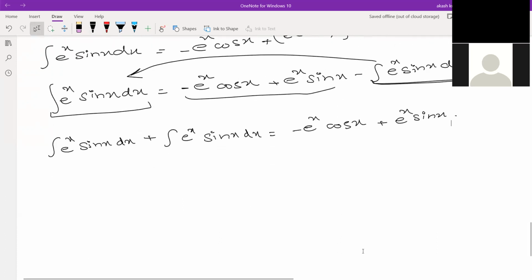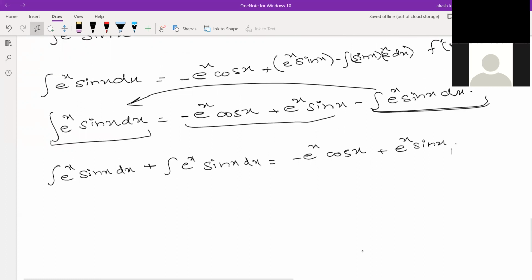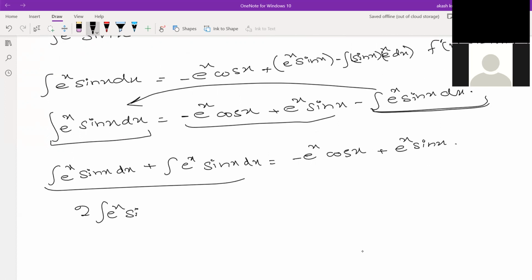And then this becomes 2 times the integral of e^x sine x dx equals minus e^x cos x plus e^x sine x.